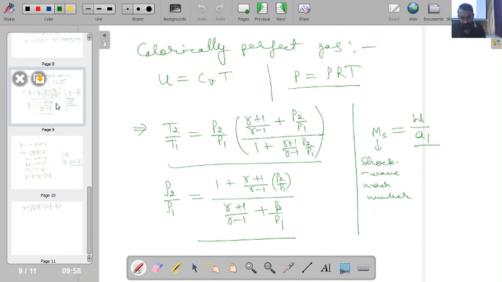So T2 by T1 I have calculated, so square root of T1 by T2 also I will be easily able to calculate. Let's substitute square root of T1 by T2.